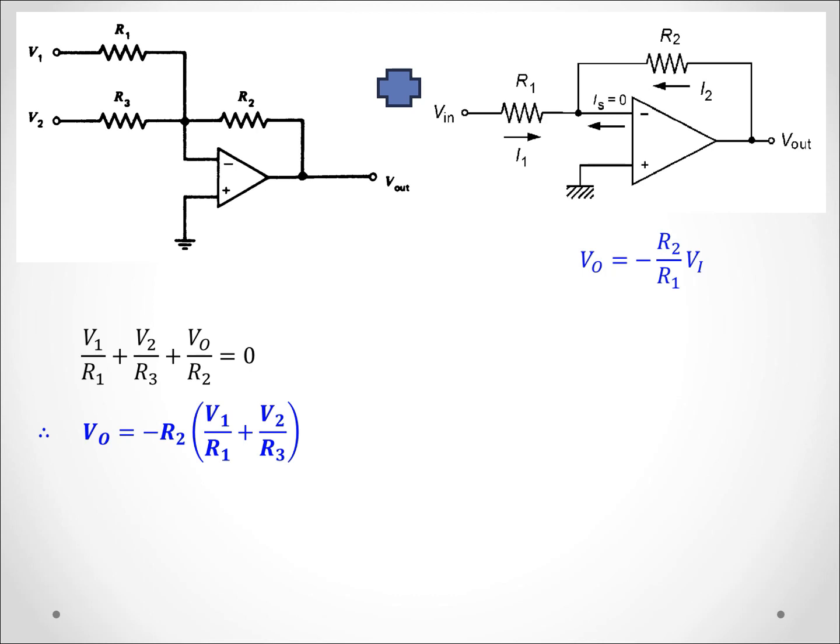Based on the relationship, we know that for a summing amplifier, V out is equal to negative R2 times V1 over R1 plus V2 over R3. So what is our V1 and what is our V2? In this case, our V1 will be equal to plus 5 volts, and our V2 will be equal to V in.